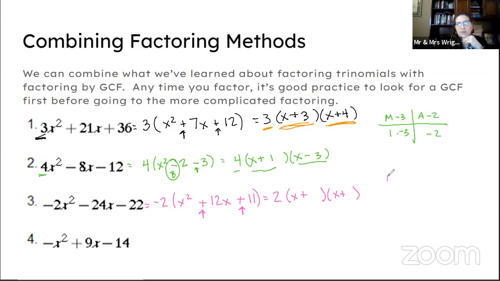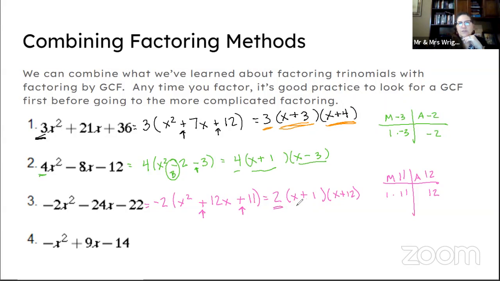So I want to multiply to be the C term, which is a positive 11, and add to be the B term, which is a positive 12. 11's prime, so this should be easy. 1 times 11, they're both positive, right? 1 plus 11 is 12, so this will work quite nicely for us.